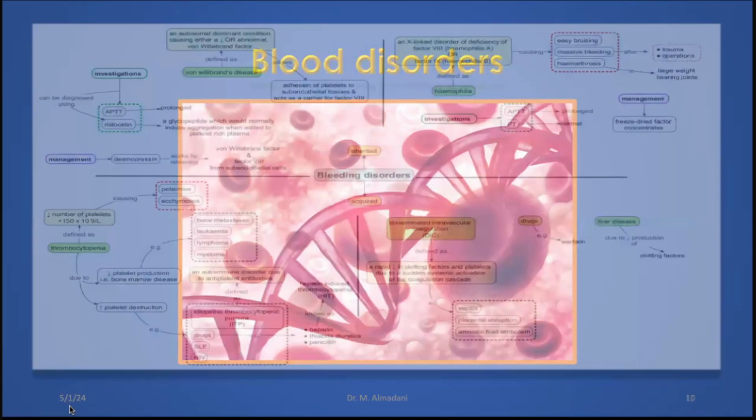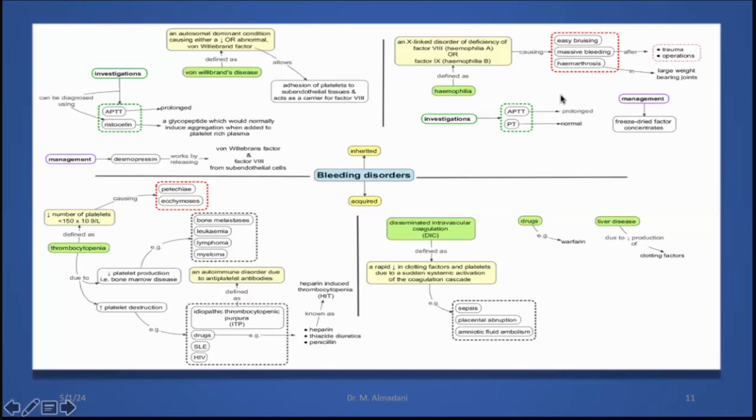Bleeding disorder, I'm not going into details about this, but I would like to highlight the meaning of thrombocytopenia. Thrombocytopenia means there is a decrease in the platelets count. So the platelets number will decrease.